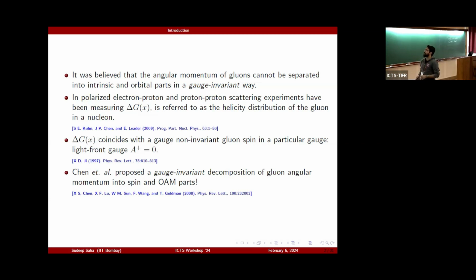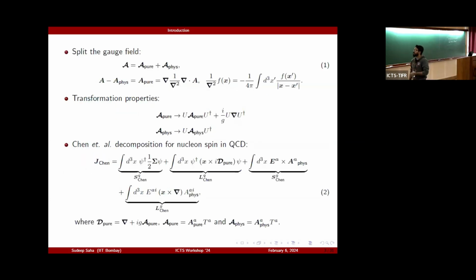Later it was shown that a gauge invariant decomposition of gluon angular momentum is possible, and Chen et al. proposed their decomposition. In that decomposition, they separate the gauge field into two parts, the pure part and the physical part. The pure part is responsible for the gauge symmetry and transforms accordingly, and the physical part contains the polarization vectors, which does not change under gauge transformation.